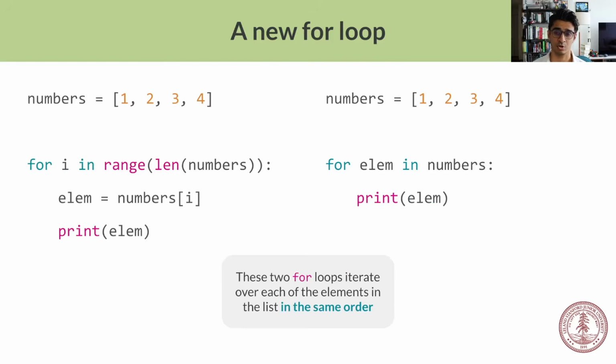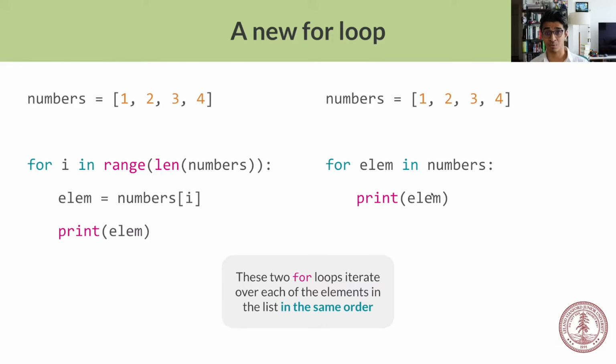In the last section of this lesson, I talked a little bit about this for loop on the left, for i in range len numbers, which, just to quickly repeat myself, iterates over each of the indices of this list, 0, 1, 2, and 3, and then extracts the element at that index and prints it out. So that hopefully is clear now, but it turns out that there's a simpler way we could write this for loop, and that's what we see on the right: for elm in numbers, print elm.